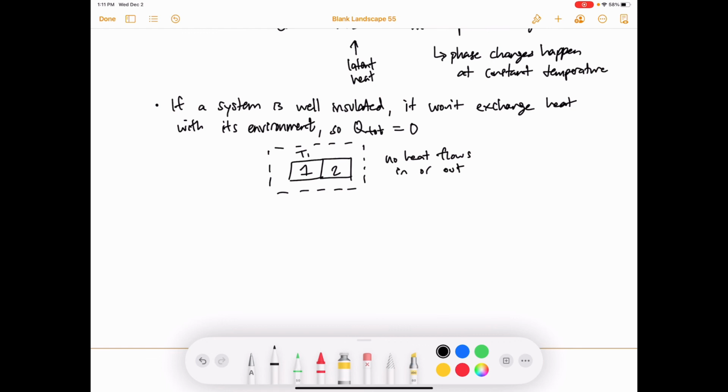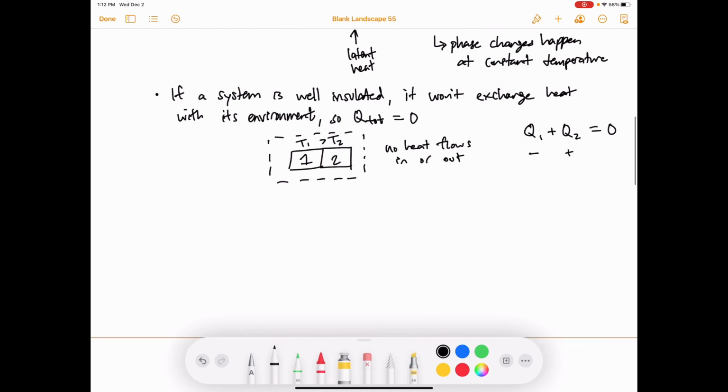So if we say T1 is bigger than T2, for example, when we talk about the total heat, that would be Q1 plus Q2 equaling 0. But there's going to be a heat loss from the first object because it's at a higher temperature. There's going to be a heat gain by the second object. But when we take those two heats, one of them negative, the other positive, and we add them together, we get 0 because, again, no heat is flowing in or out of the system. So that's the idea behind problems like this.